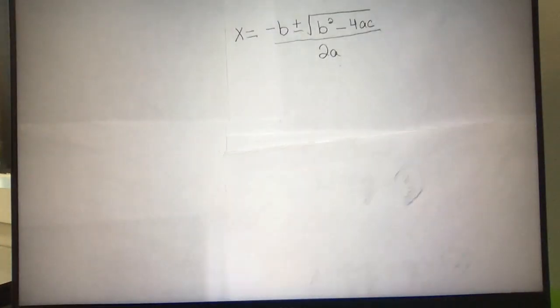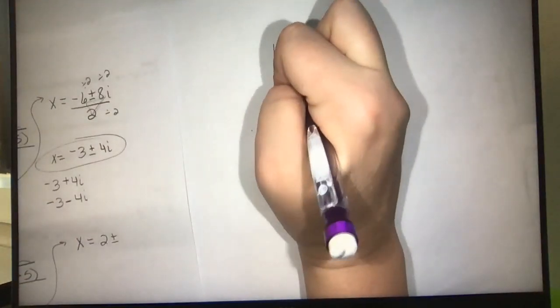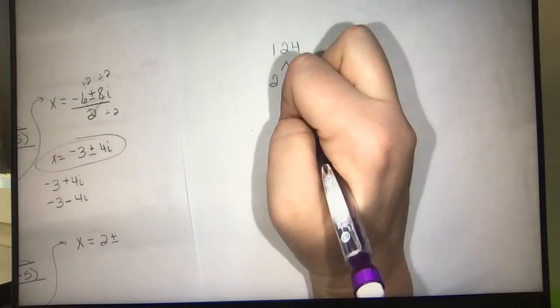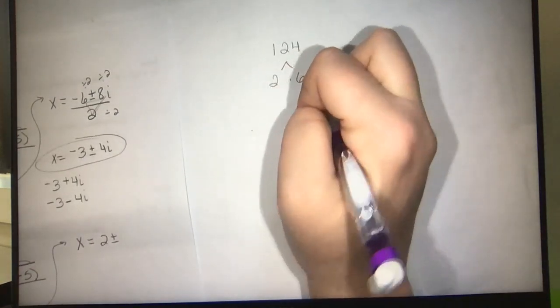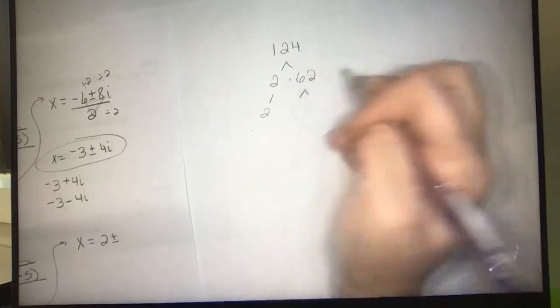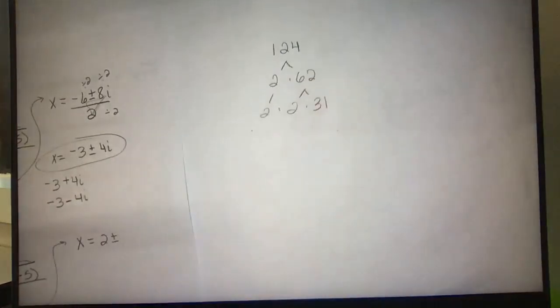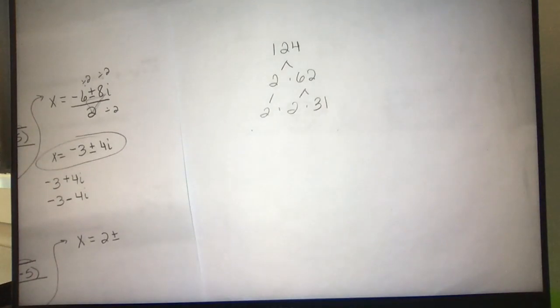Okay, I'm going to factor tree. So let's see, 124. I go in my calculator, I divide it by 2, I got 62. Okay, so 2's along for the ride. I divided 62 by 2 and I got 31. Well, that ended quickly. I thought it would have gone on farther, but that's actually it.